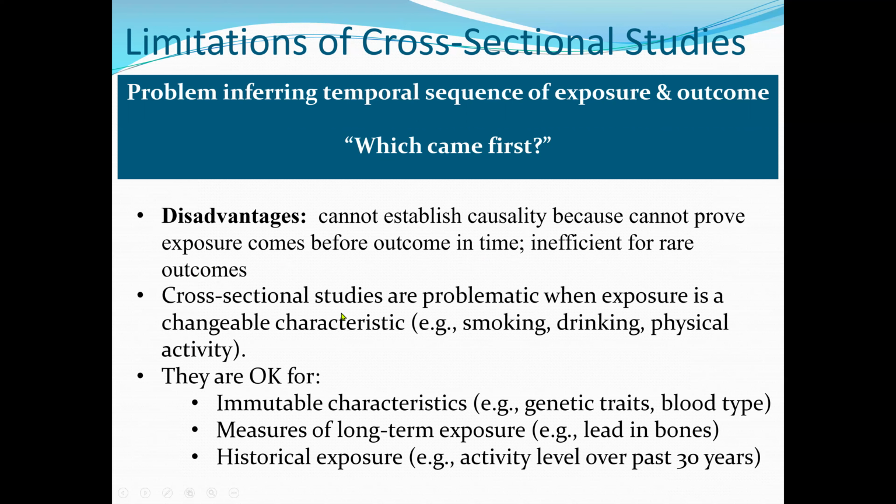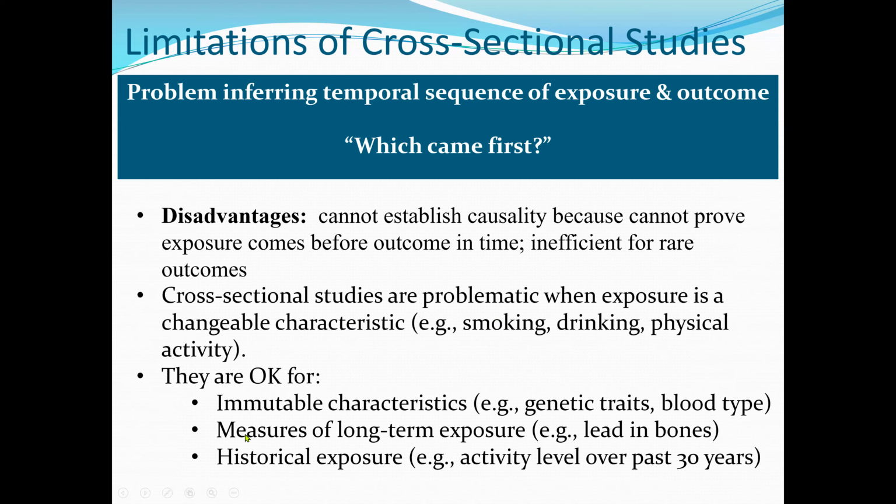Cross-sectional studies are problematic when the exposure is a changeable characteristic. For example, smoking is very difficult to relate to the outcome. We need time. Drinking, physical activities, we need time to find out whether there's a relationship between smoking or drinking activities and any disease.